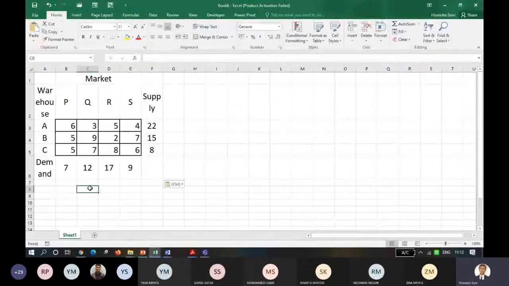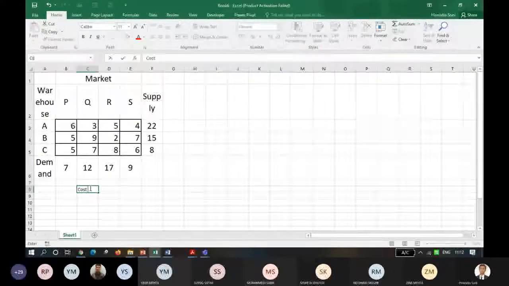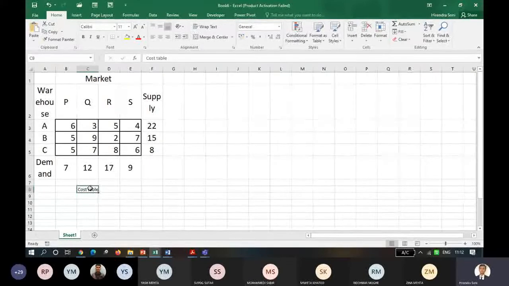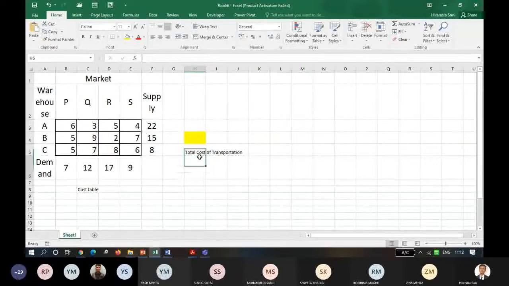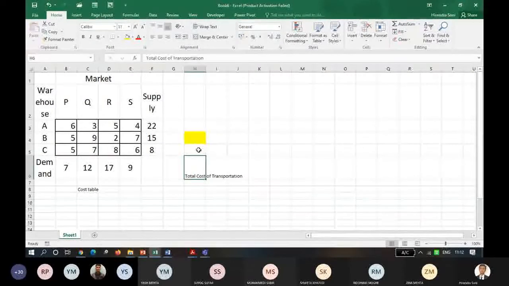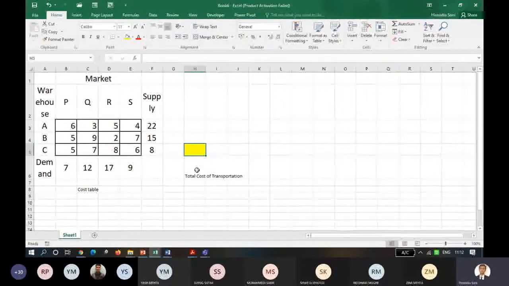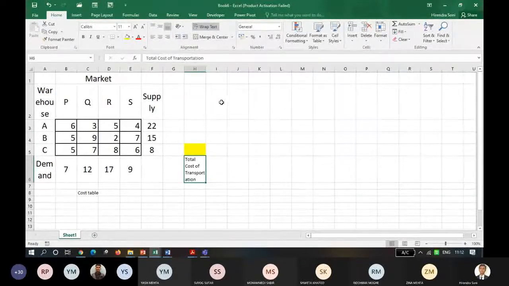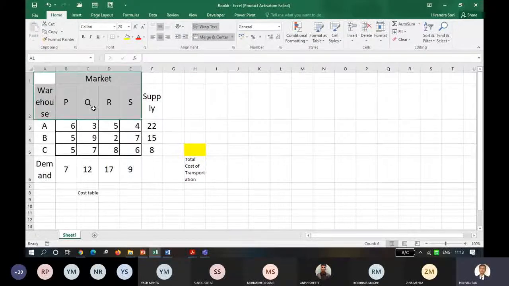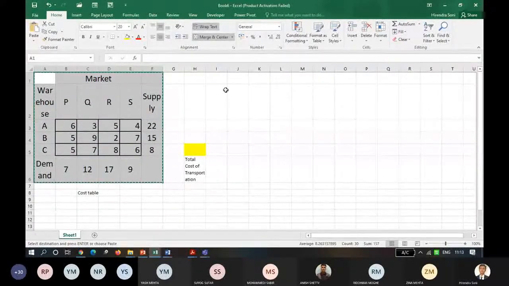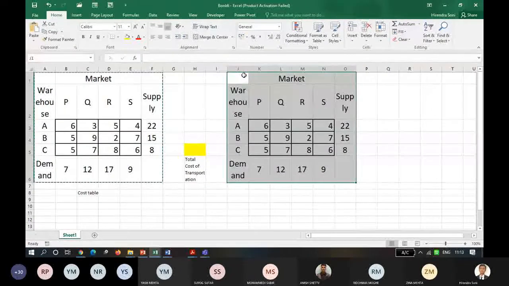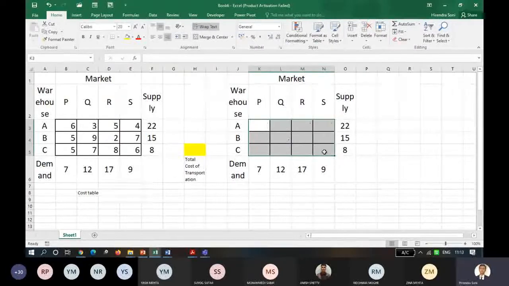This is my cost table. फाइन. यहाँ पर मैं मेरा टोटल कॉस्ट ऑफ ट्रांसपोर्टेशन कैलकुलेट करूंगा. इसको भी थोड़ा सा नीचे ले लेते हैं सो दैट लुक्स गुड. और यही सेम चीज आई विल recreate it. Okay, and this would be my allocation table.